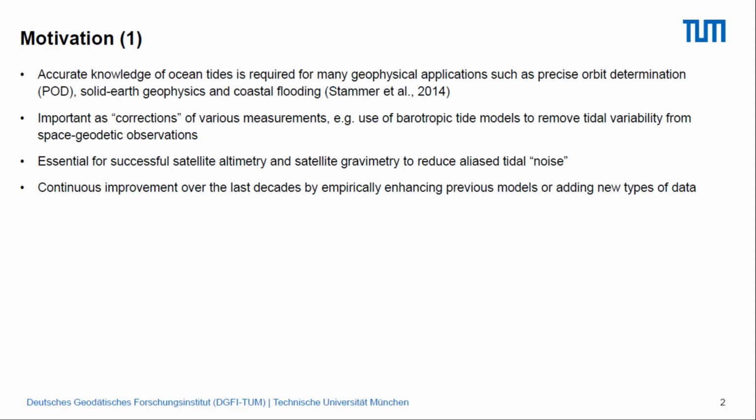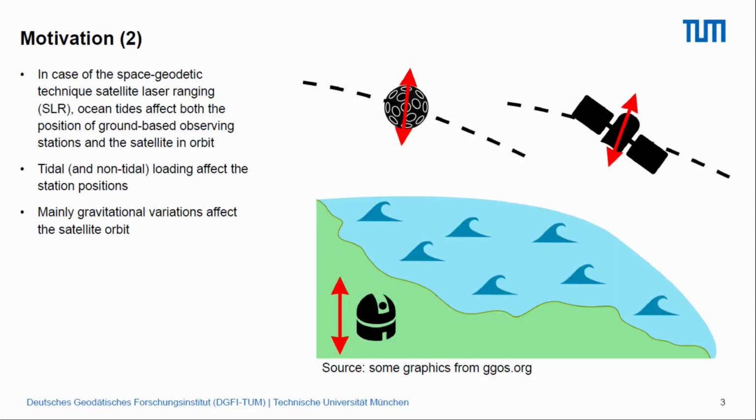Due to this, a lot of models were developed in the past, which are sometimes based on previous models that are enhanced, or which are empirically developed. Now we are talking about SLR here, and why are those models important for us?